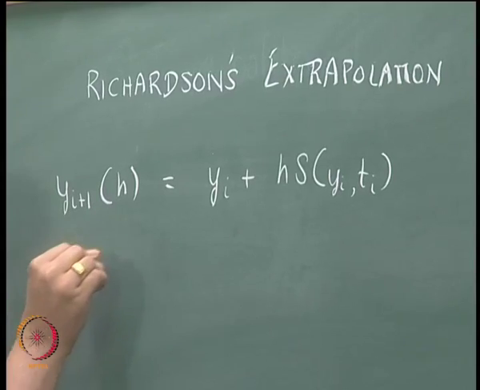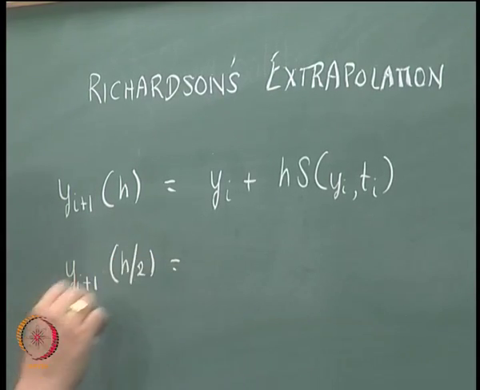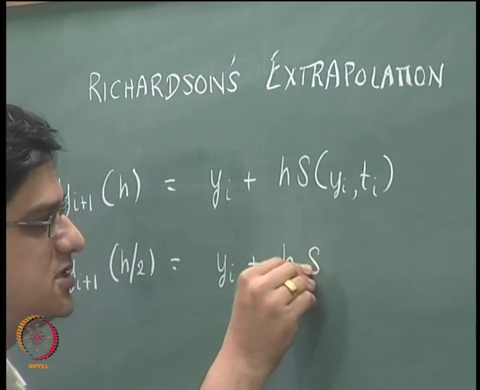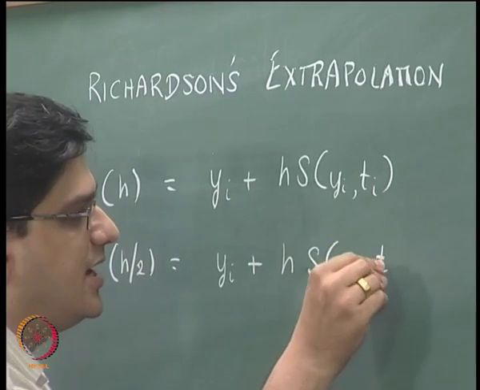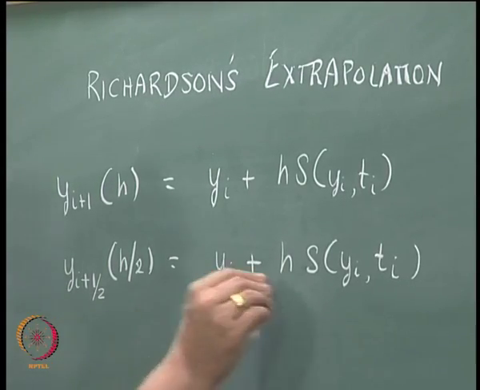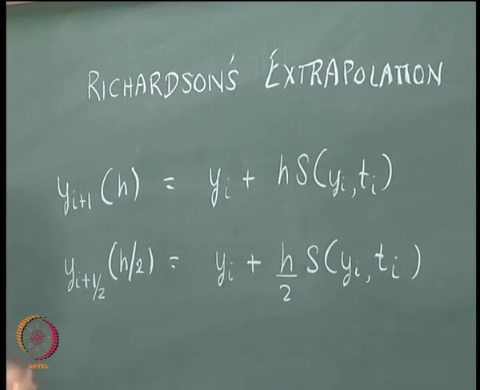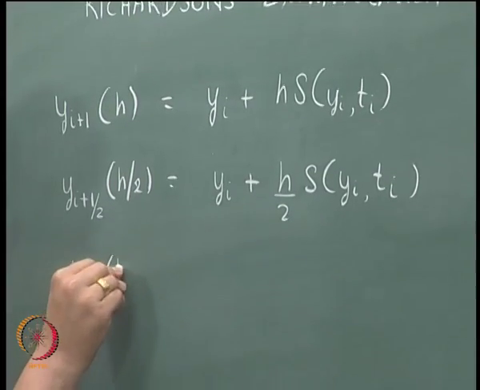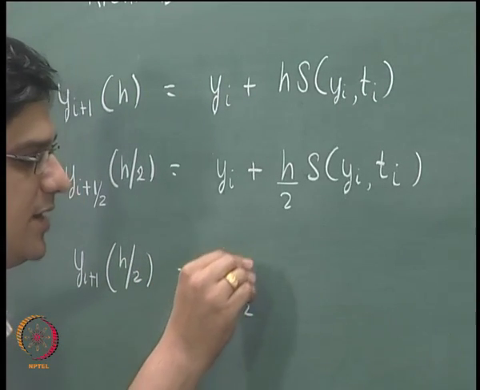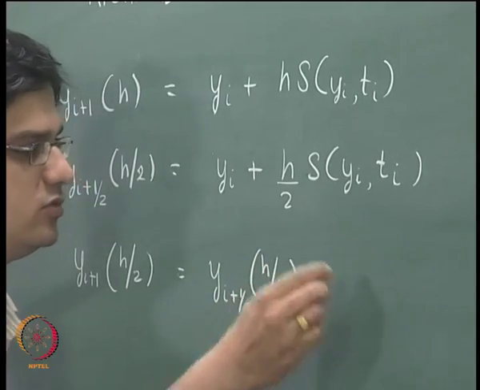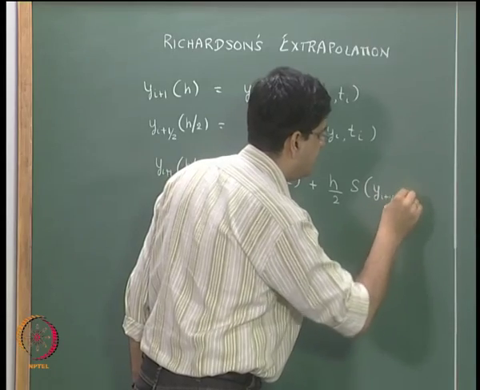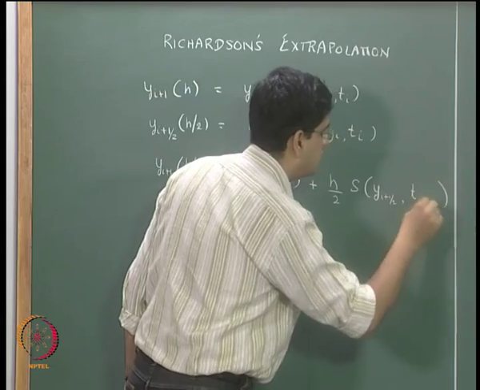So when we do this for half the step size, we will get yi plus half as yi plus h by 2 multiplied by s of yi comma ti, and yi plus 1 computed with step h by 2 is going to be equal to yi plus half plus h by 2 multiplied by s of yi plus half comma ti plus half.